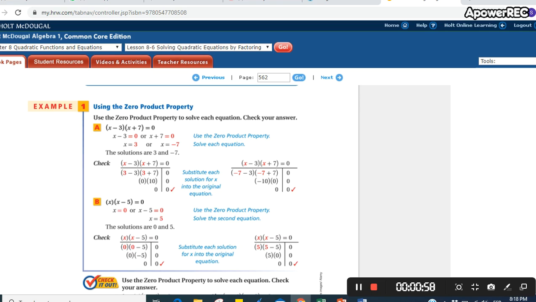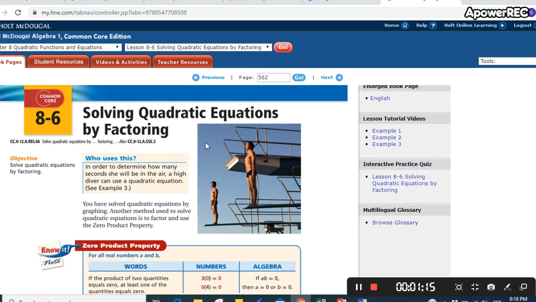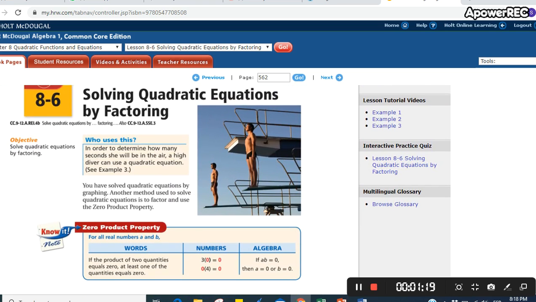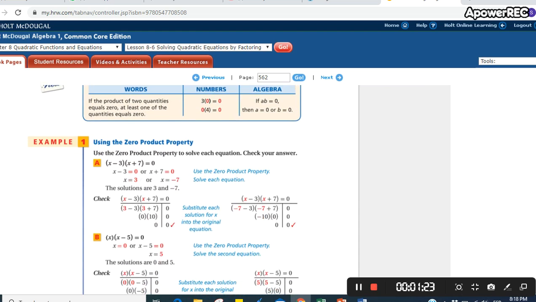On example number 1A and B, we are using the zero product property to factor and solve what are going to be the values of x that are going to make my equations equal to 0. Remember that when we are solving quadratic equations, what we are looking for are the values that make our function equal to 0.